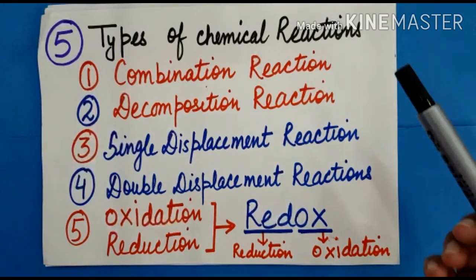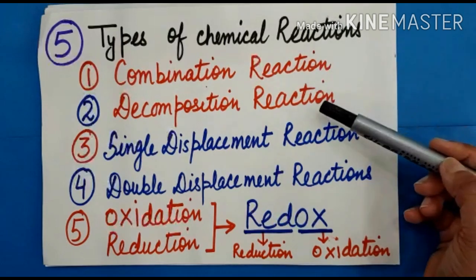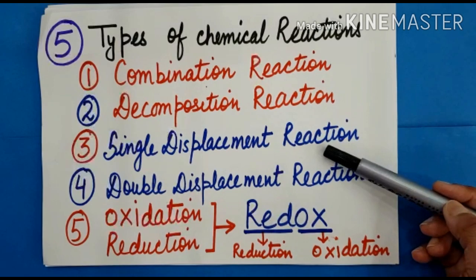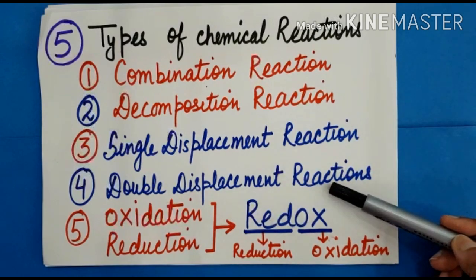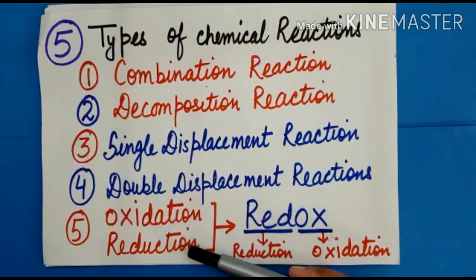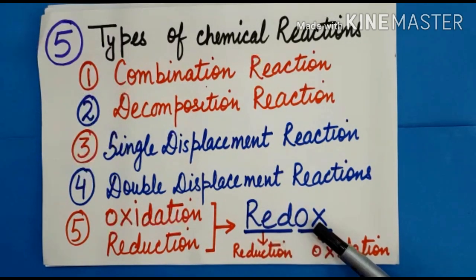There are 5 types of chemical reaction. First is combination reaction. Second is decomposition reaction. Third is single displacement reaction. Fourth is double displacement reaction. And the 5th type is oxidation and reduction. When both take place simultaneously, then a new kind of reaction happens, that is redox reaction.